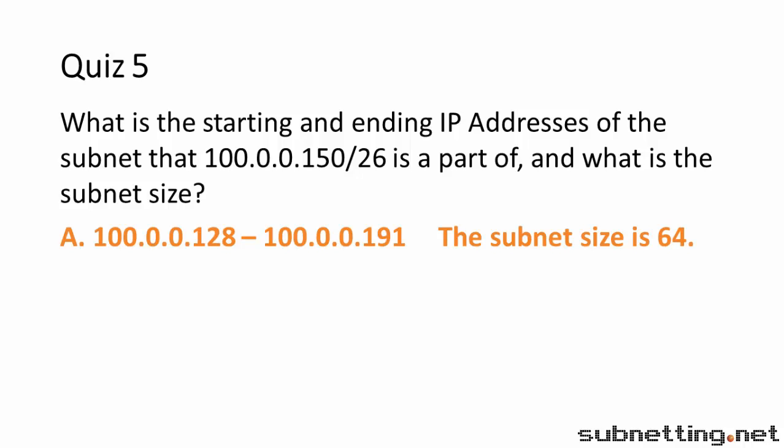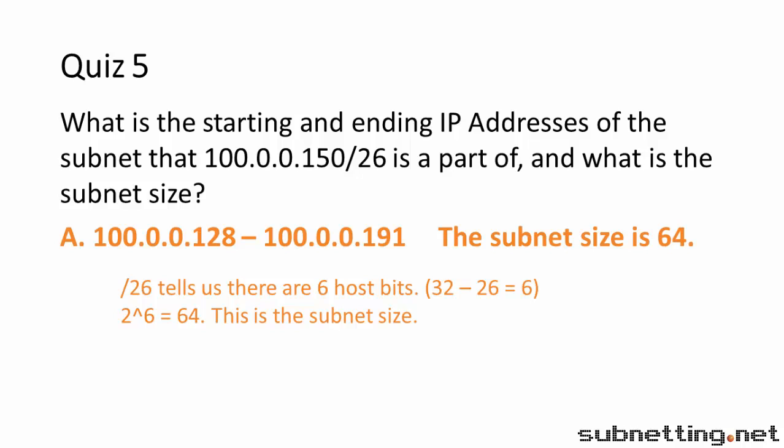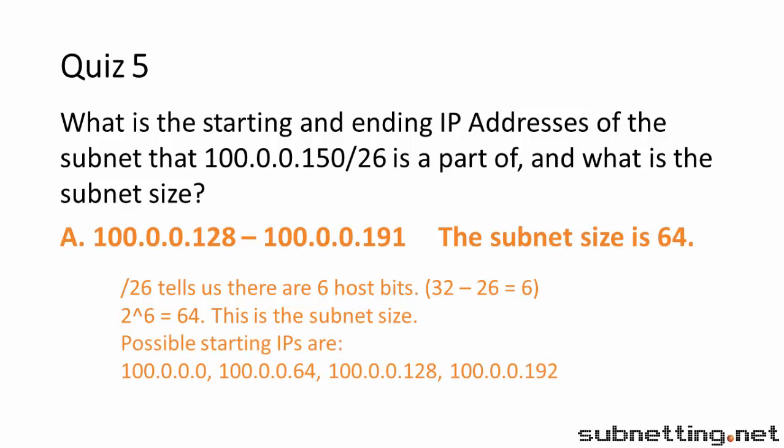Here's how we arrived at the answer. A subnet mask of /26 tells us there are 32 minus 26, or 6 host bits. 2 to the 6th power equals 64 IPs in this subnet. This is also our subnet size. So our possible starting IP addresses for each subnet are 100.0.0.0.